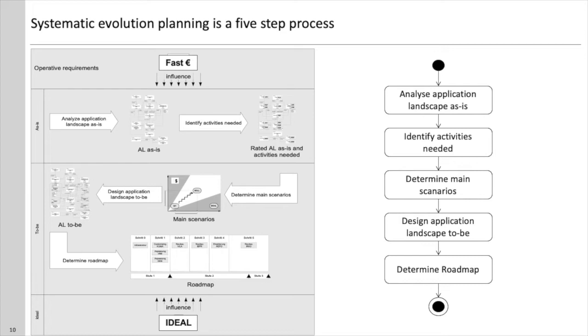Determining main scenarios: now grab some of these together and define different ways of how to move into the corridor of balance. Selecting from this scenario then leads to the actual to be planned application landscape, and determining the roadmap takes the efforts of all these steps and defines so-called steps and stages and puts everything on the time scale.